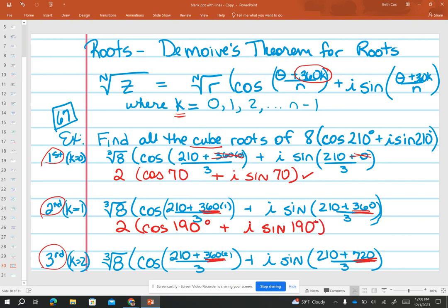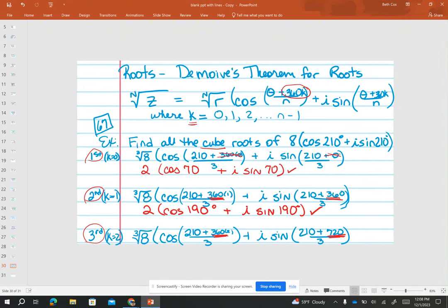Again, this is the polar answer. And then one more, which I did not give myself enough room for. Let's see if I can squeeze it in here. It'll be 2 cosine of 310 plus i sine of 310. Again, this would be the third one. Those are all the cube roots of this complex number.